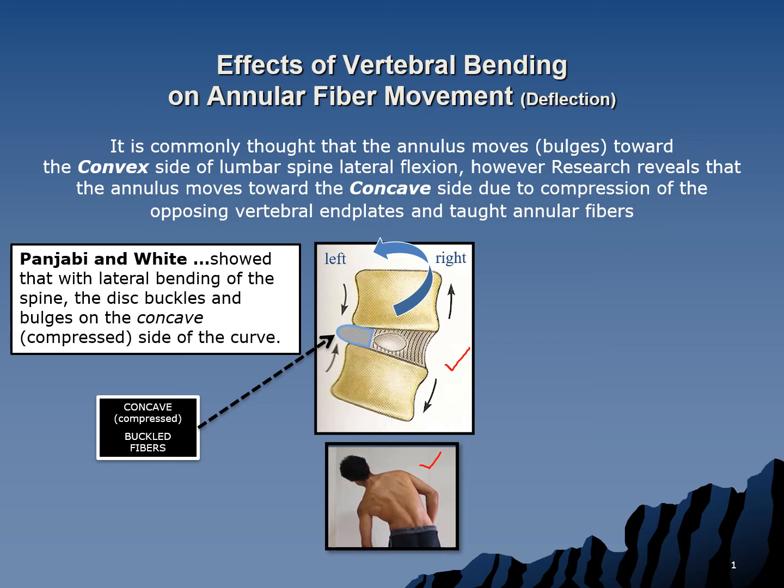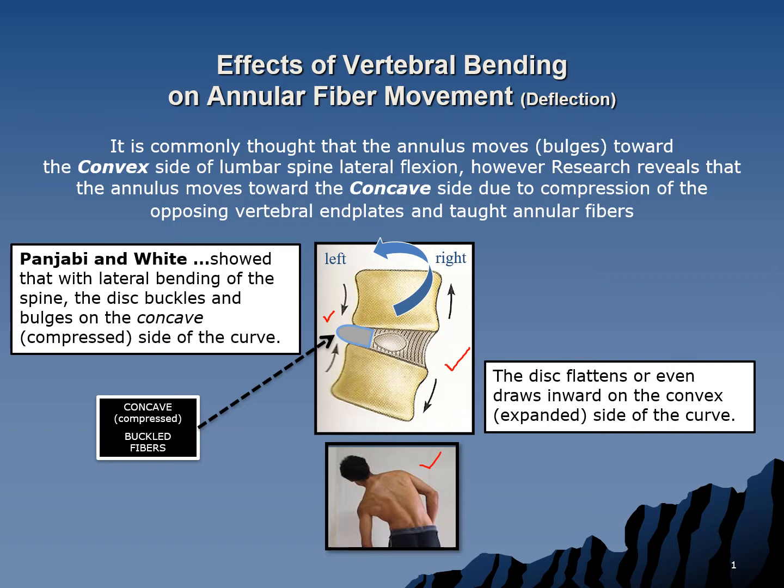In their book, Clinical Biomechanics of the Spine, White and Panjabi showed that with lateral bending, the discs actually buckle and bulge on the concave or compressed side of the curve, as demonstrated right over here by this little check mark.